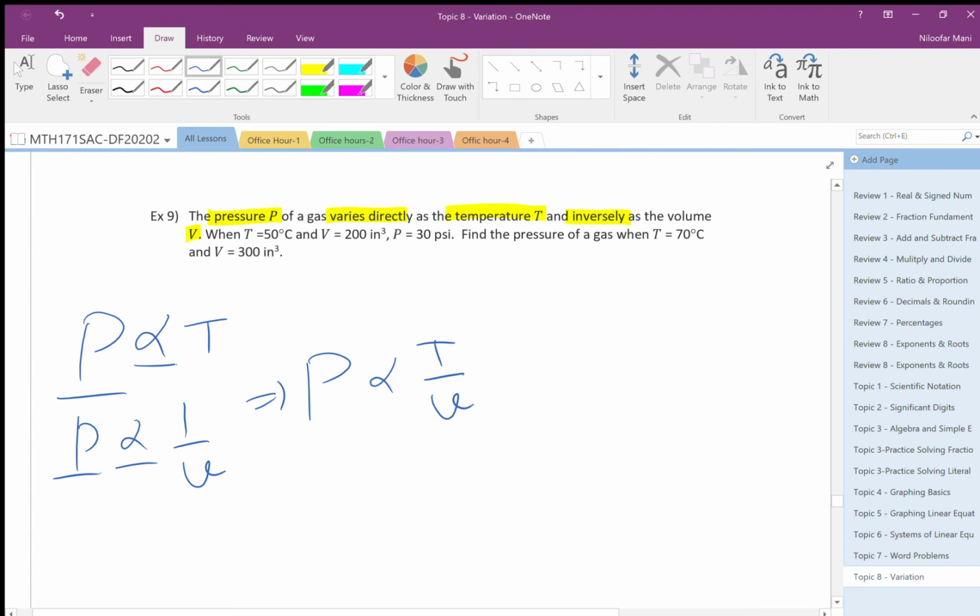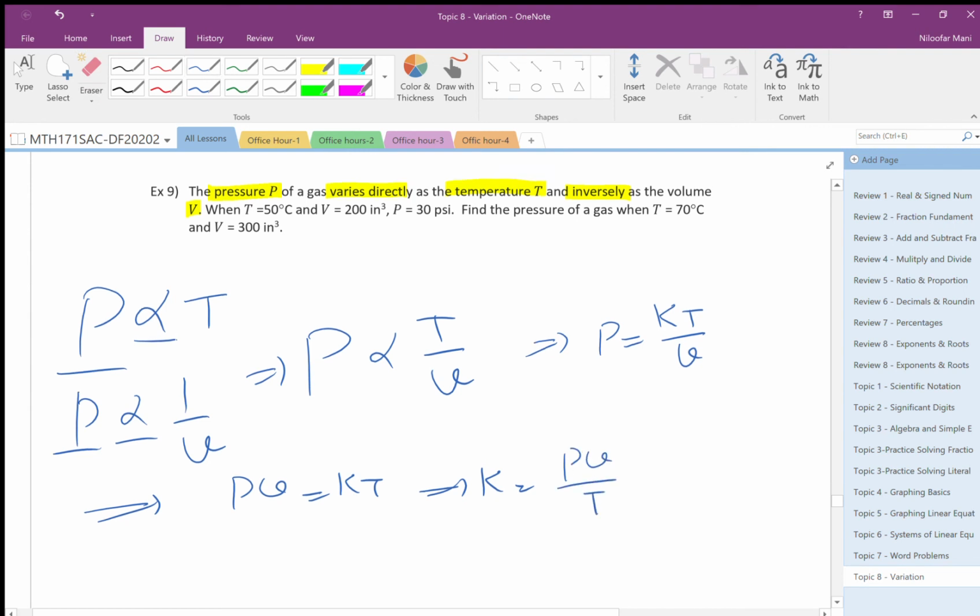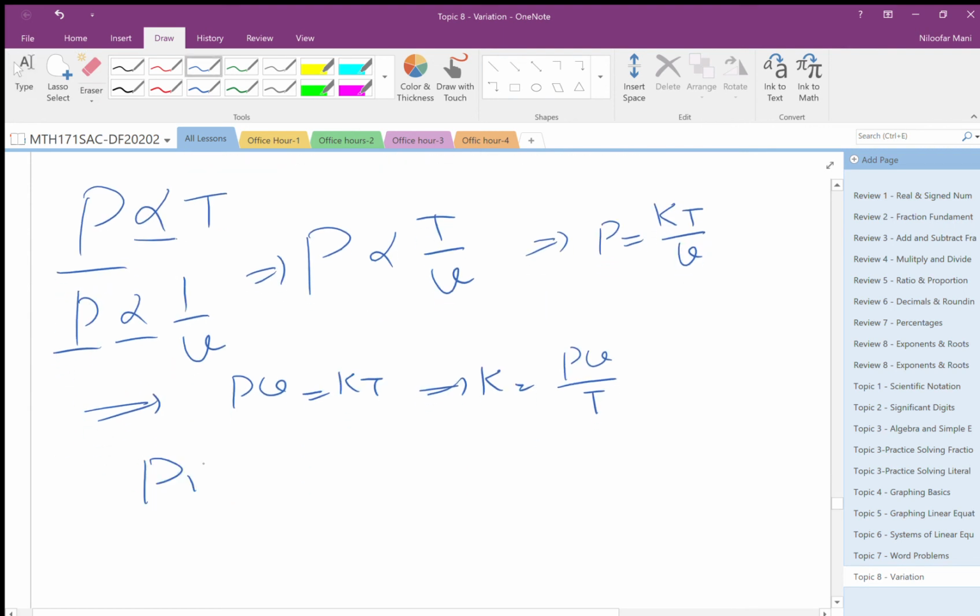So I have P equal kT over V. How do you write the two situations? I have PV equal kT and k equal PV over T. So P1 V1 over T1 is P2 V2 over T2.